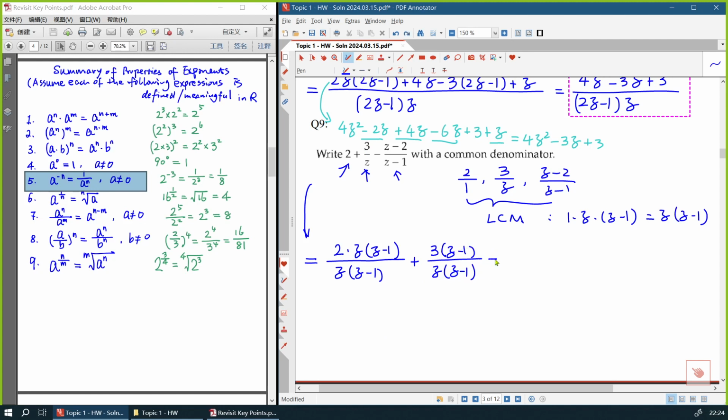For the third term, we can multiply both the numerator and denominator using z, right? And then if you cancel the z, you will get the third term, z minus 2 over z minus 1, right? You see that? So in this way, we have successfully rewritten all of the terms using the common denominator, z times z minus 1. Can you see that?